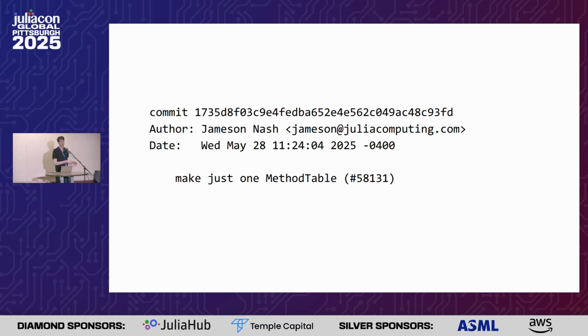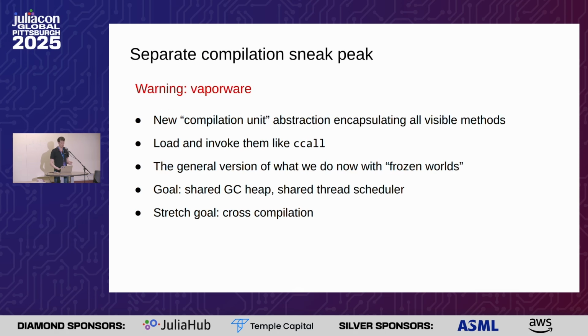Why does that help? Because if you're going to have really separately compiled things, in the Julia world, that means each artifact has its own completely isolated view of what methods exist. So those need to be totally isolated from each other. One of them could be using a totally different definition of integer plus than another one, and they wouldn't interfere with each other. That means you need to have all the methods that exist encapsulated in one object. And that has already been done. So that is one step along the way, and that's done.